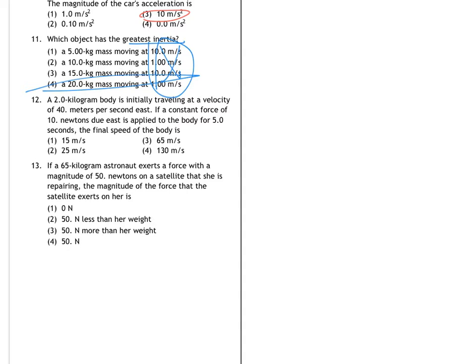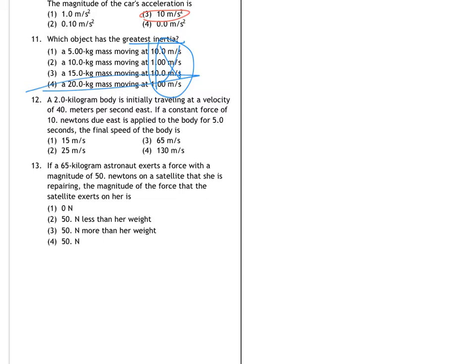Okay, so a 2 kilogram body is initially traveling at a velocity of 40 meters per second east. If a constant force of 10 newtons due east is applied to the body for 5 seconds, the final speed of the body is. So normally I would suggest crossing this mass out, but since they're giving me a mass and the force, that is their way of asking me to solve for acceleration.